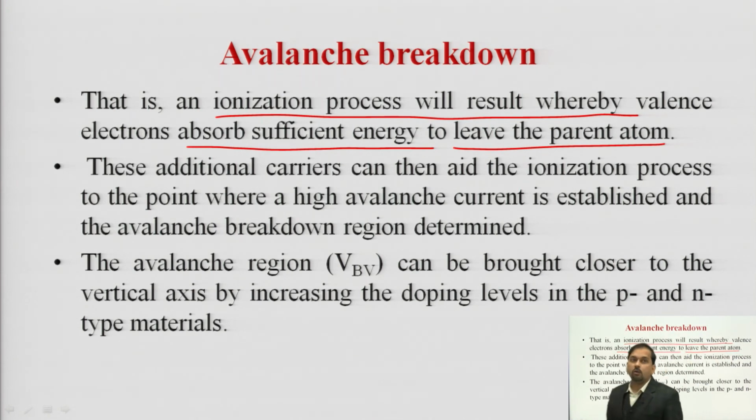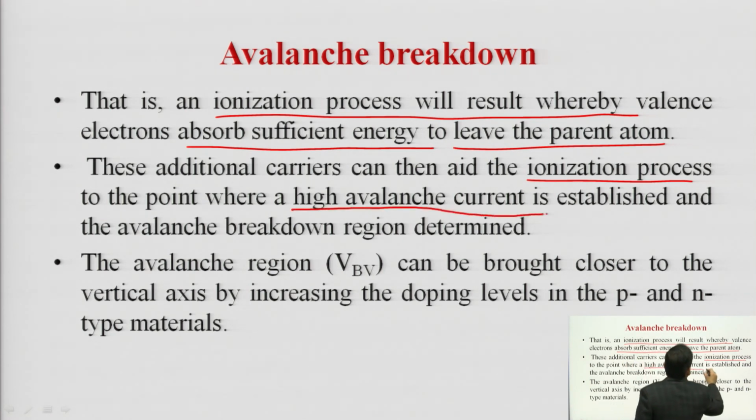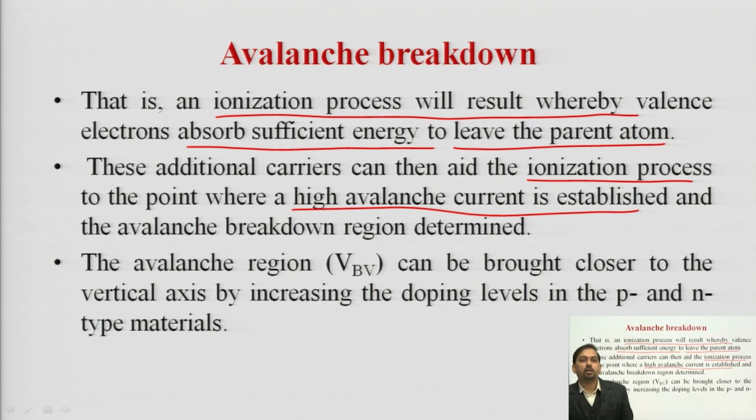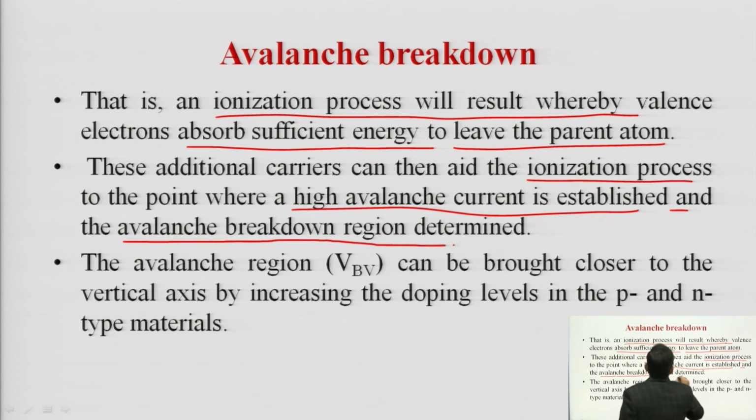These additional carriers can then help the ionization process to the point where a high avalanche current is established. So, these charge carriers result in an increase in current in a negative direction, and due to this we can say the avalanche breakdown region can be determined.